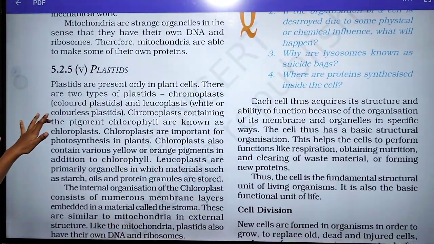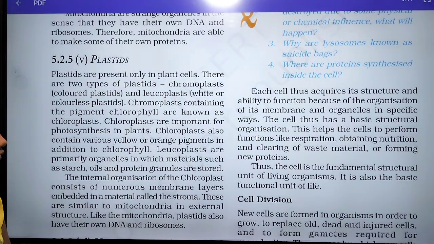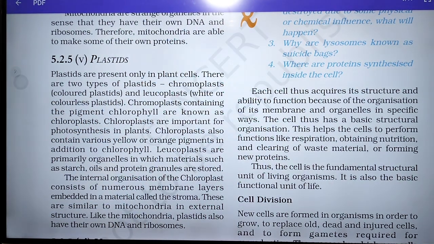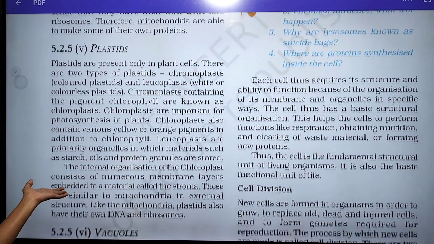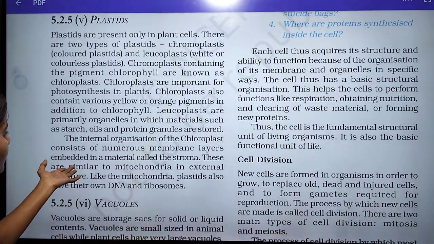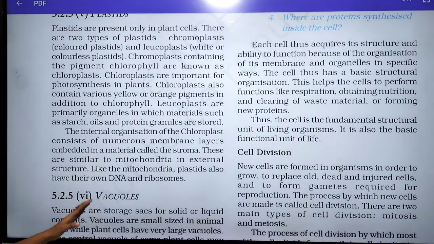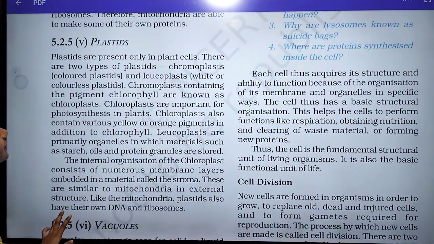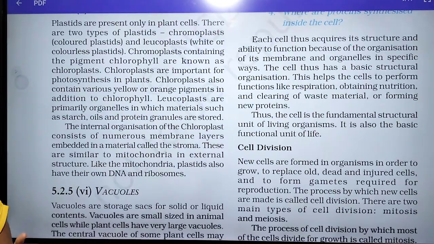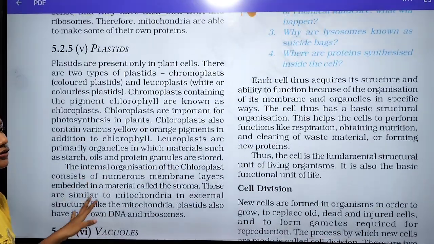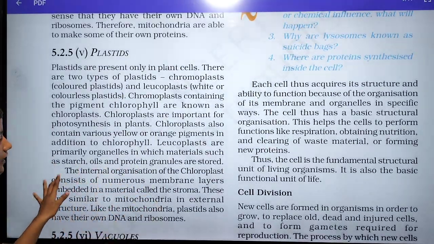And plastid helps to do what? Photosynthesis, and it is only present in plant cells, not in animal cells.